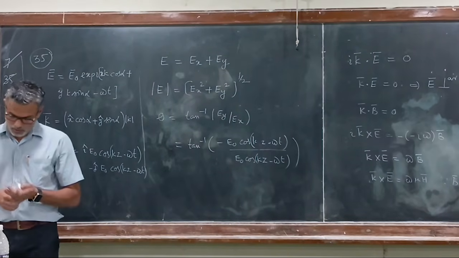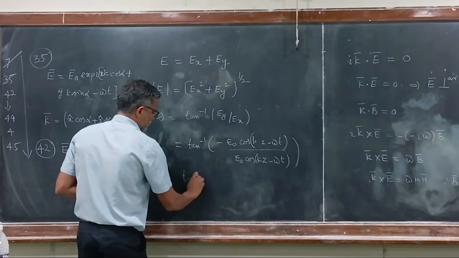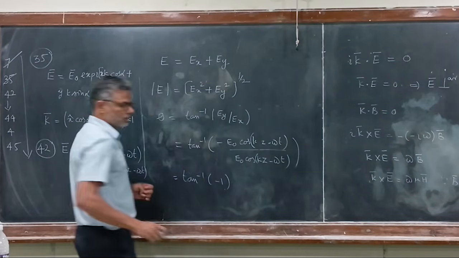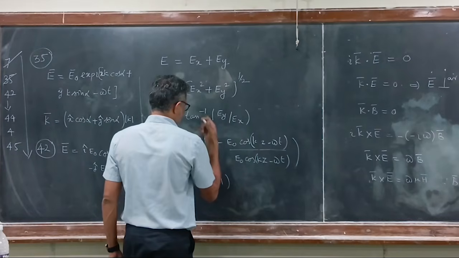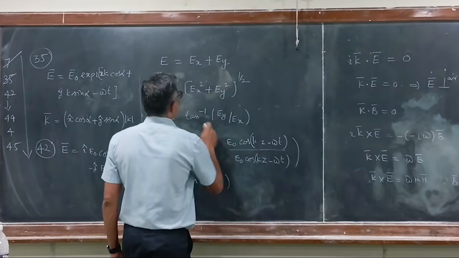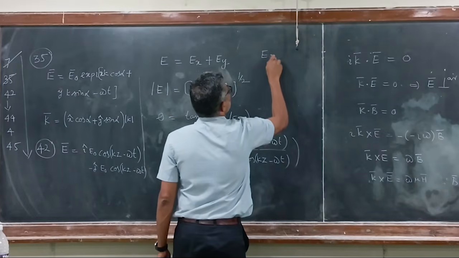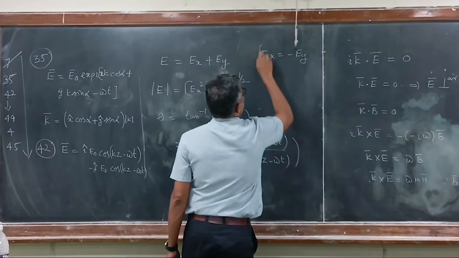So what will happen? Tan inverse of minus 1. And for what value will you get this? For 1. So if I put this minus sign in, your Ex is equal to minus Ey, or the other way around.